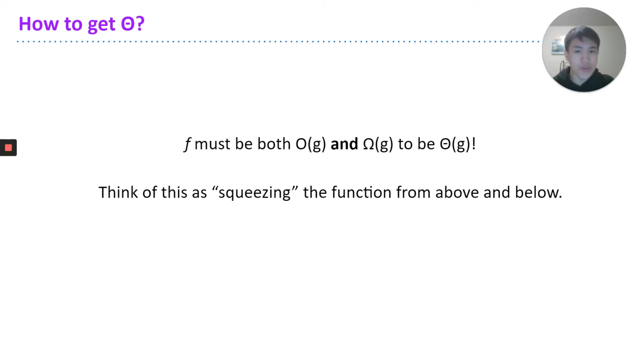So then, how do we get to big theta of some function? Well, it turns out that it has to be both big O of the function and big omega of the function. In essence, when you look at the graph, f right here will sort of be squeezed between the two g's. We'll get to an example where it becomes clearer in just a minute.